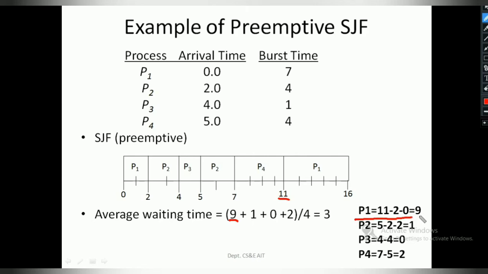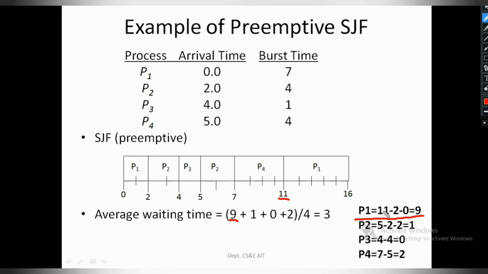Here is the calculation. Whenever I am calculating the waiting time, there are two things I have to consider. One is the arrival time, second is the previous occurrence of the process in the system, or your Gantt chart.